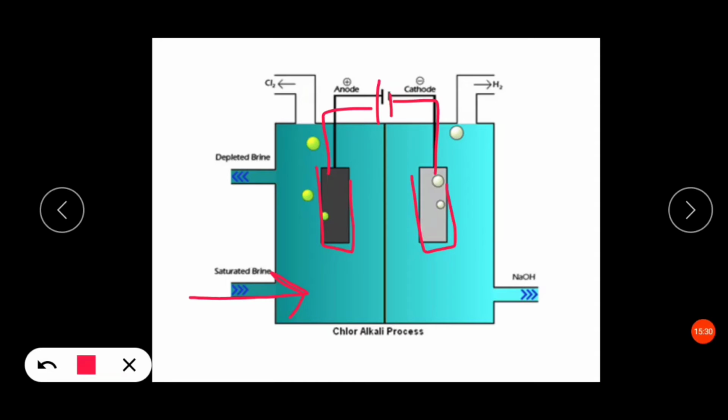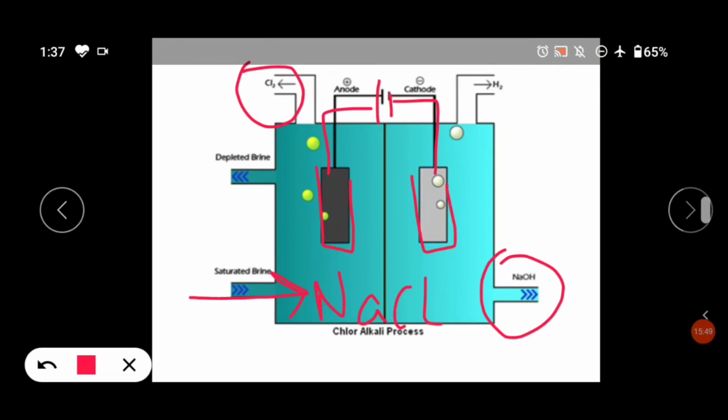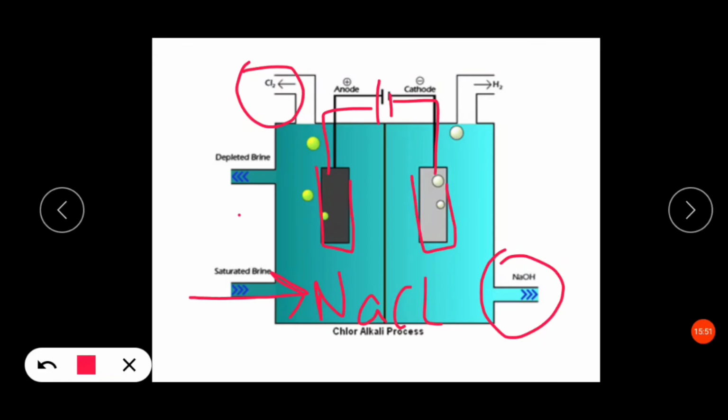When electricity passes through the electrodes, the saturated brine in the tank will dissociate, because when electricity is passed through the NaCl solution, it will form NaOH, chlorine and hydrogen.